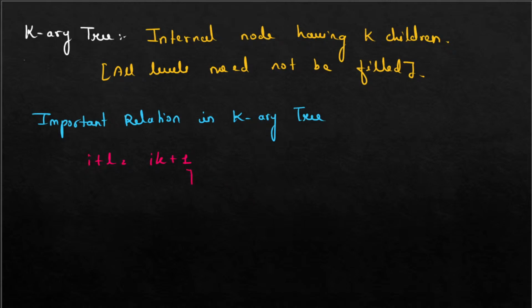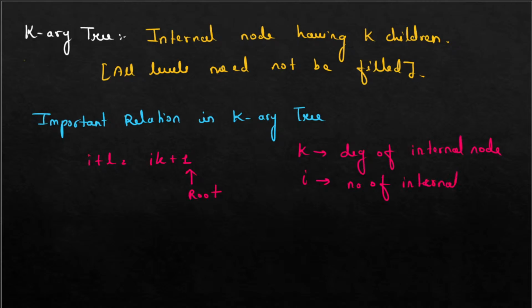And this 1 is root. Let's discuss what is I, what is K, what is L. Okay. K is degree of internal node. I is number of internal nodes.